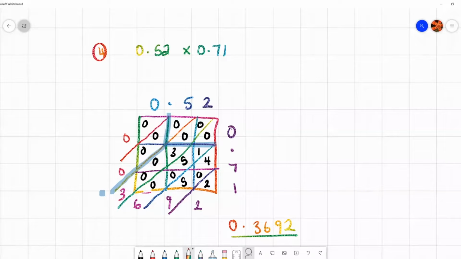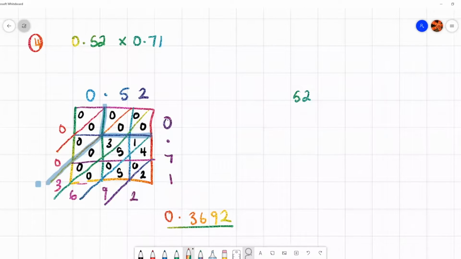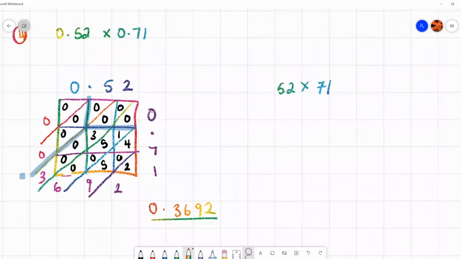Again, you could just do 52 times 71. And obviously that depends on how you want to do this. You might use the lattice multiplication for this. You might use long multiplication. You might use the grid method. But if I do 52 times 71, let's have a look. 1 times 2 is 2. 1 times 5 is 5. 0 there. 7 times 2 is 14. 7 times 5 is 35.